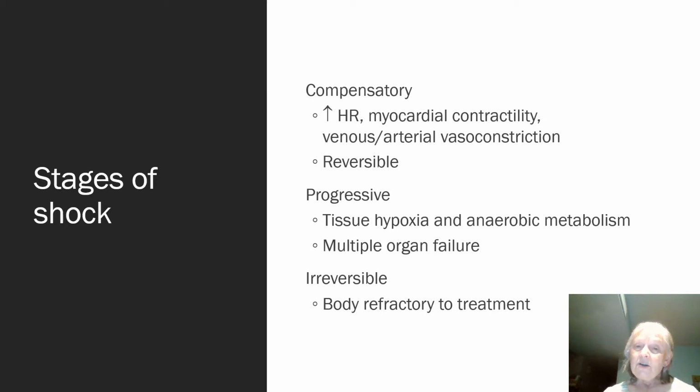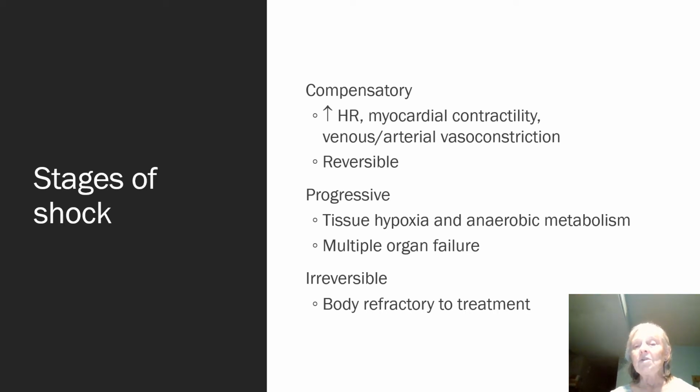If we get to you, take care of you, we can reverse it. That should not be a problem, okay? If you don't, basically you're going to end up in the progressive stage. This is where you're going to start to have lactic acid buildup, and the body becomes more acidotic with it. You end up with anaerobic metabolism. That's where part of your lactic acid is coming from.